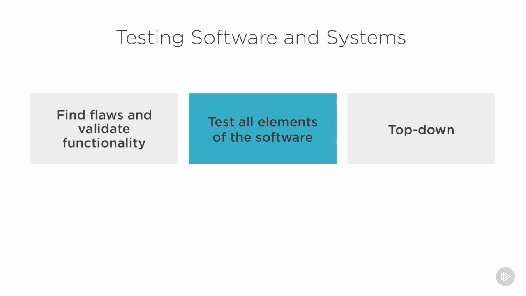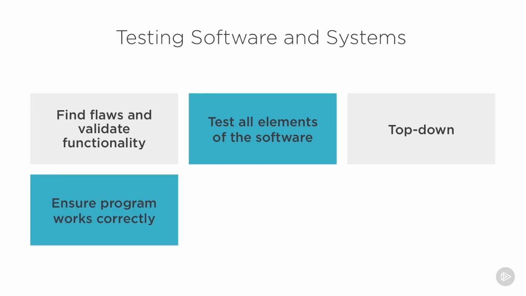Quite often, we can look at software testing from a top-down perspective, where we look at the high-level objective and then go into each of the paths and routes that a transaction may take. This will ensure that the program is operating correctly. This is used quite often to find things like logic flaws within the program itself.